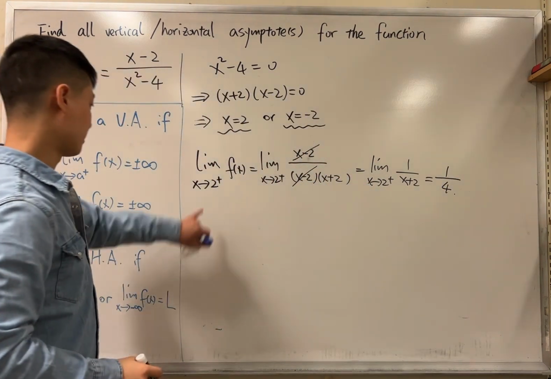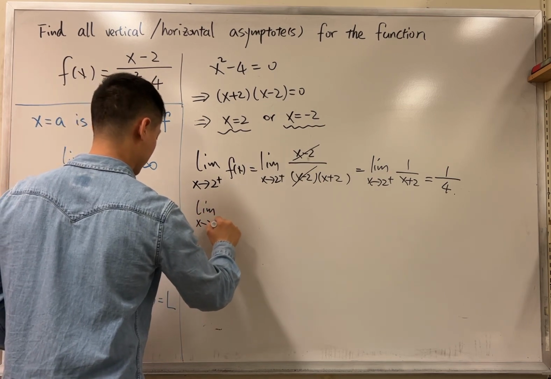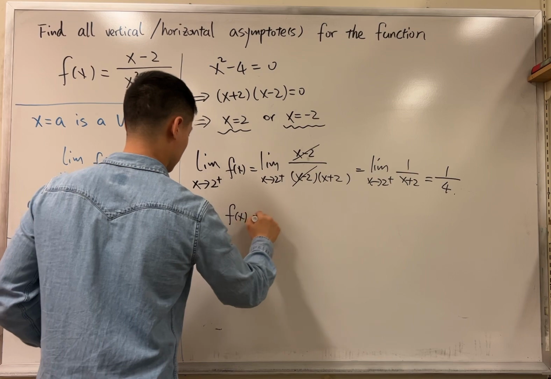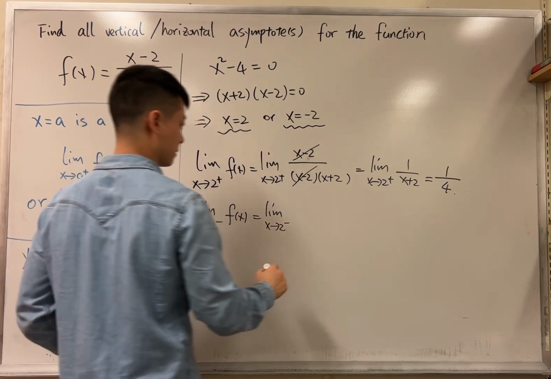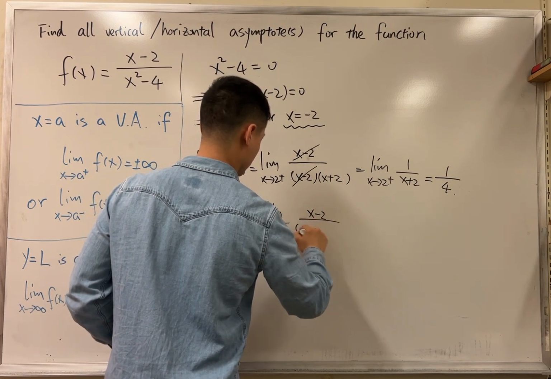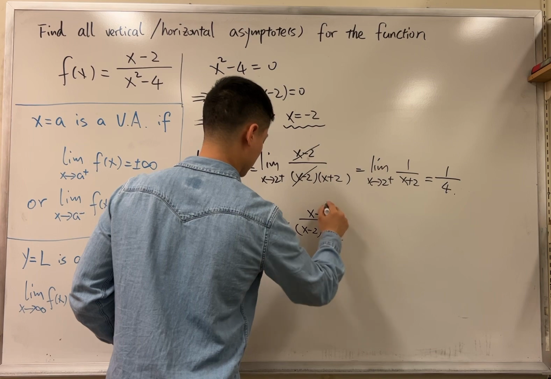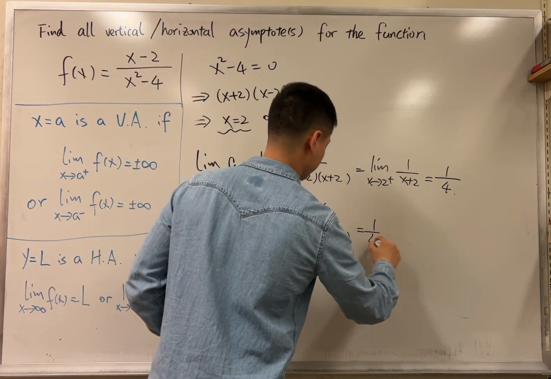And then the same thing for the outside, the limit as x approaches 2 minus of f of x, same cancellation, still gives us 1 over 4.